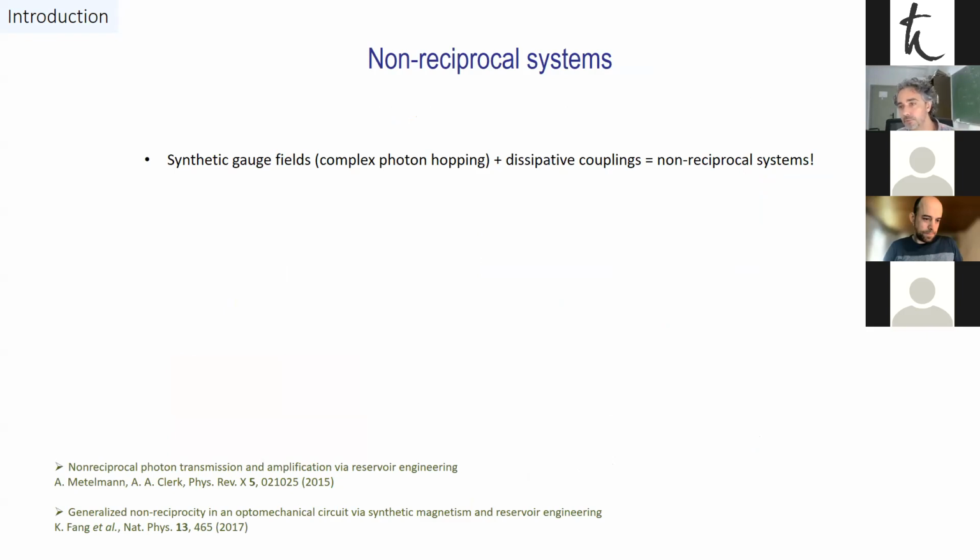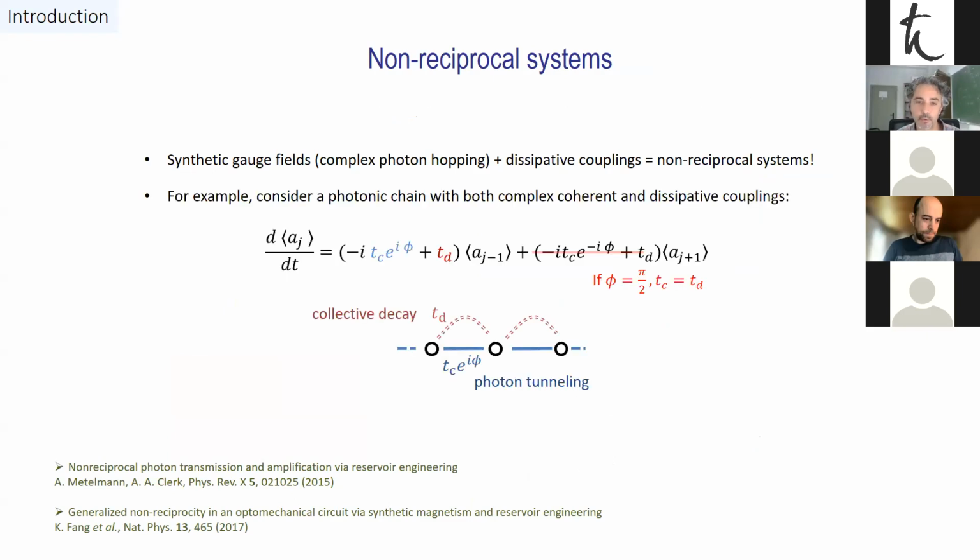So what is the motivation for this? Well, the way I understand a non-reciprocal system is a system where you have a competition, or an interference, if you want to understand it like this, between two effects. One is a complex photon hopping between sites, and another is dissipative or collective coupling between different sites.